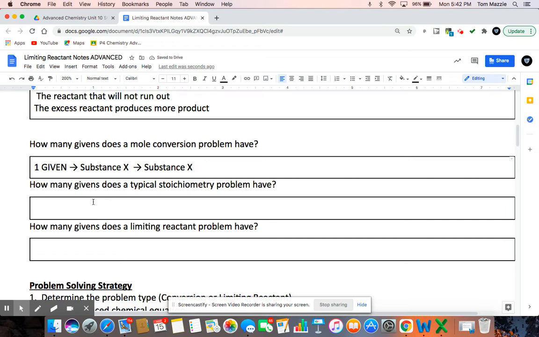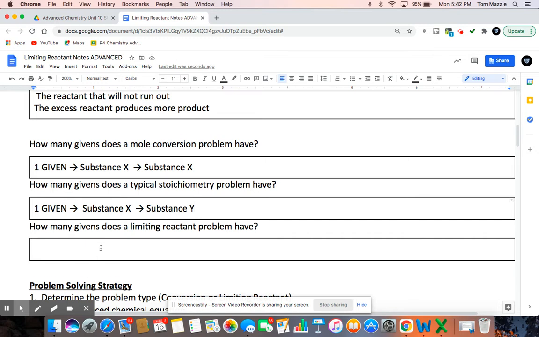The substance is the same. We're just changing units. In a stoichiometry problem, we also have one given. In this case, we start with substance X, but we end in substance Y. That's what you guys quizzed on last week.